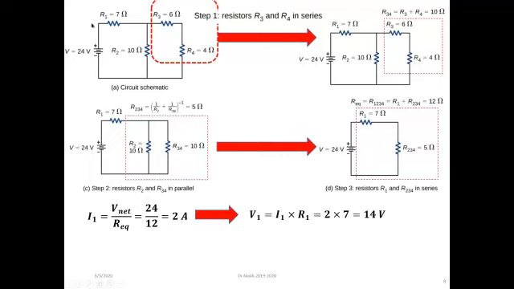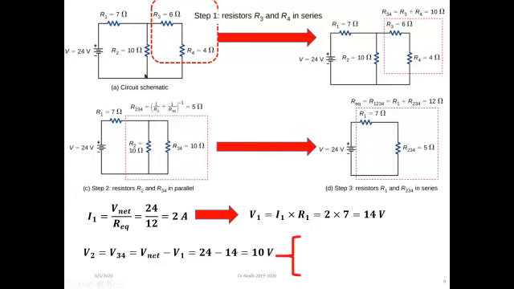And to find the potential drop across this one, we can easily get it from the 2 amps multiplied by 7, which means 14 volts. This is the 14 volts potential drop. So we can find the potential difference across these two, 24 minus 14, which means 10 volts. 10 volts will be across this branch and those two as well.